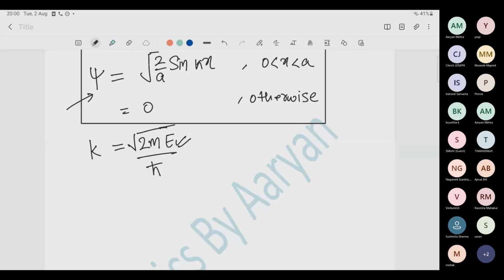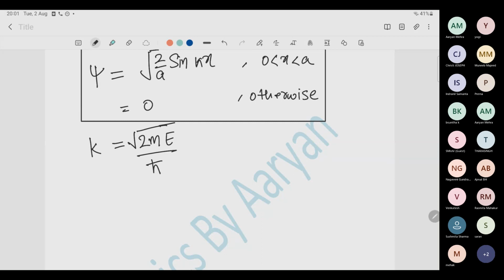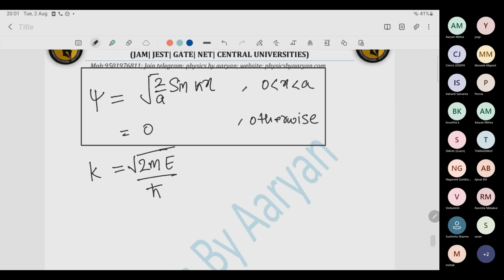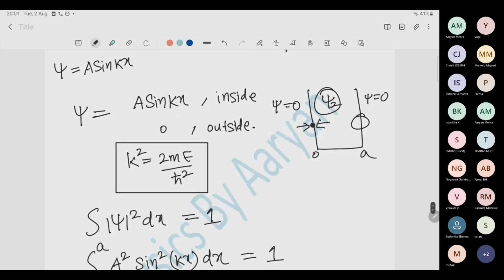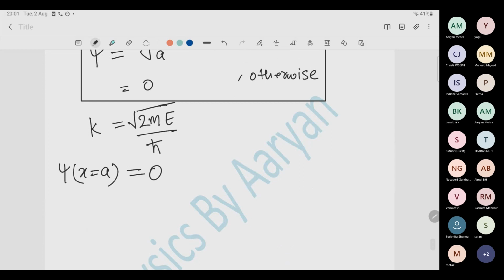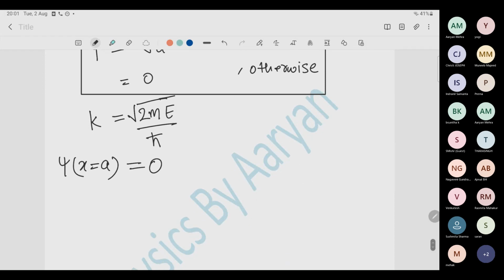Then how? One thing we can now do is apply another boundary condition. That boundary condition, my friends, is that phi is continuous at the second boundary too. So phi is also 0 at x equals a, because the other side of that boundary is also 0.